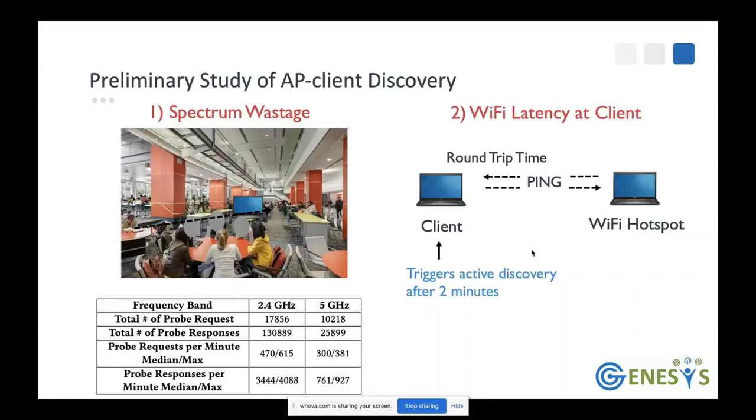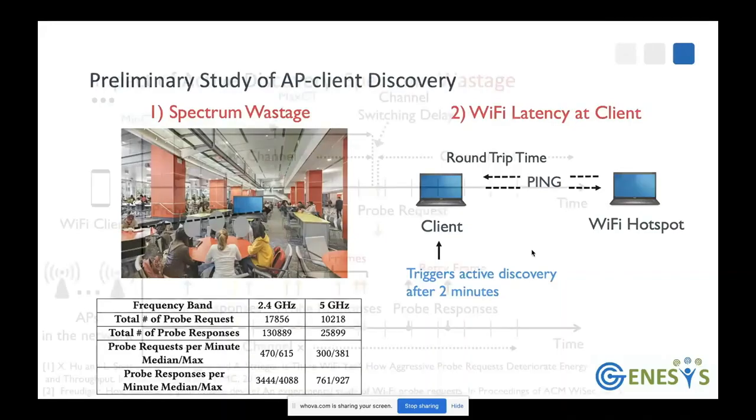We measure round trip time, which is very similar to Wi-Fi latency. We made sure that the client is actively trying to search all the available access points, triggering an AP discovery process every 2 minutes. We also made sure that all background traffic is disabled to get realistic measurements.